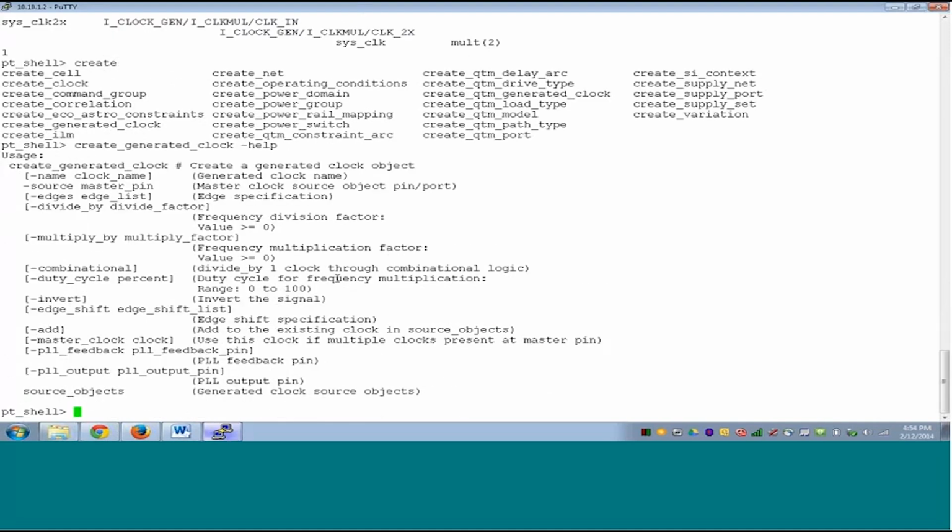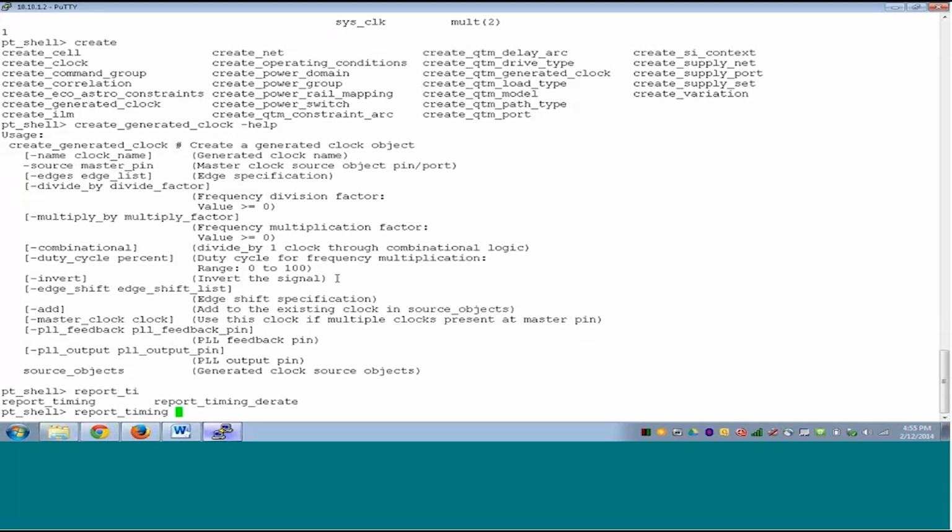Now we loaded the parasitics, we saw how to make sure that parasitics are okay by doing report annotated parasitics and looking out for error messages. We saw how to create multiple clocks, how to create a generated clock. Now let's do a report timing. I'll just do a report timing with no options.